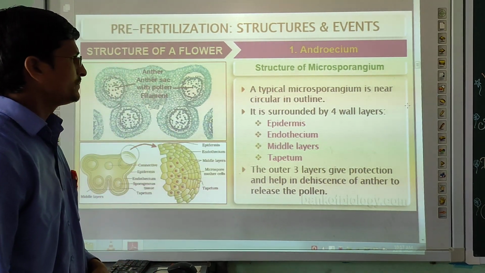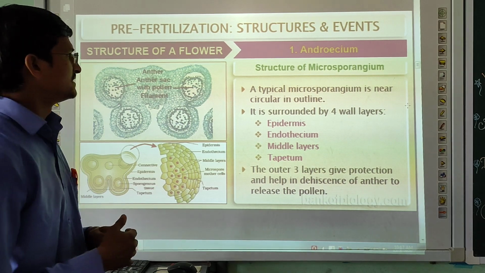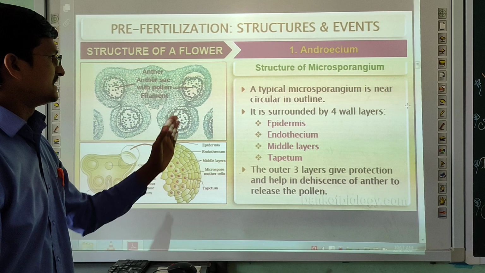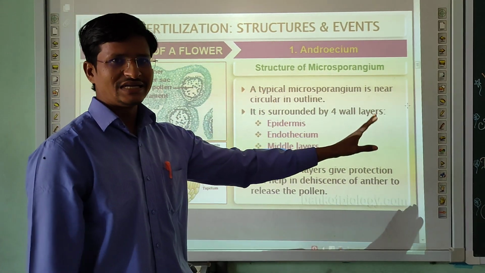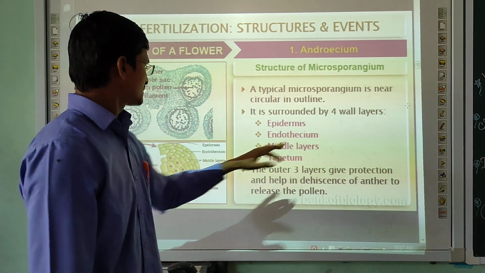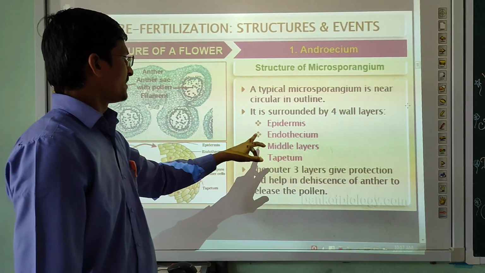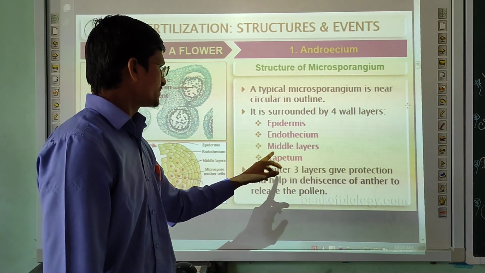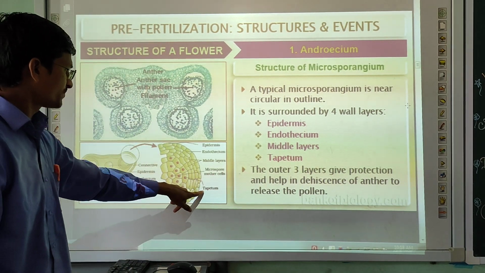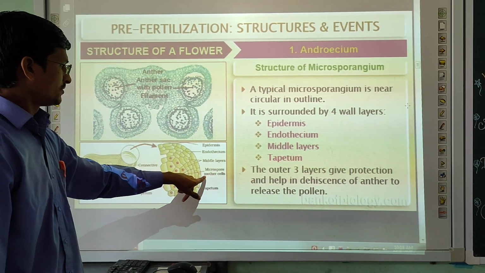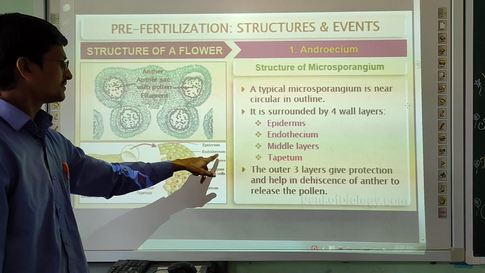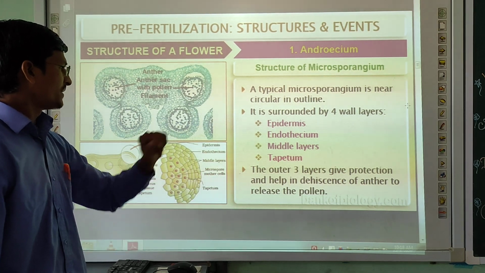A typical microsporangium is near circular in outline. It is circular, and it is surrounded by 4 wall layers. One is the epidermis, which is outermost, then the endothecium, middle layers, and tapetum. Here you can see the tapetum, microspores, middle layers, endothecium, and epidermis.